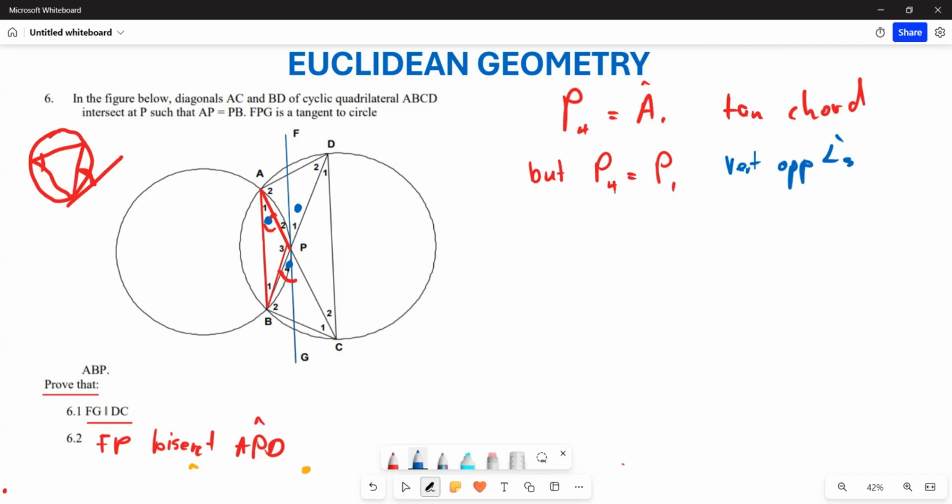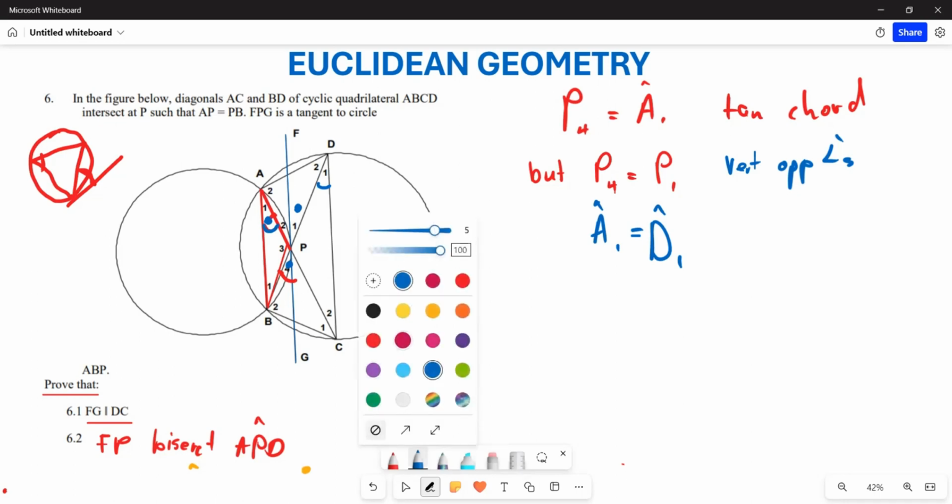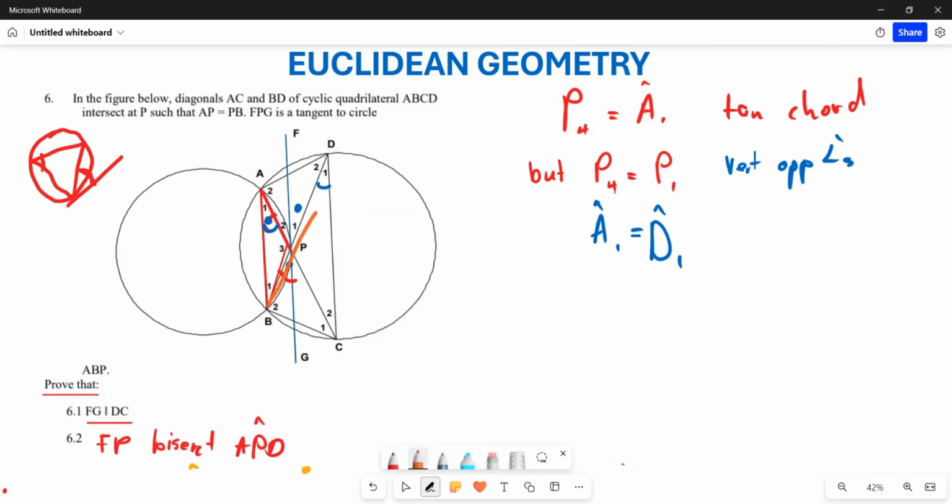One thing I also want you to take note of is that angle A1 is equal to angle D1. This particular angle here is equal to this angle. Both of them are subtended by the same chord. If I draw these lines, you can see what I'm referring to.